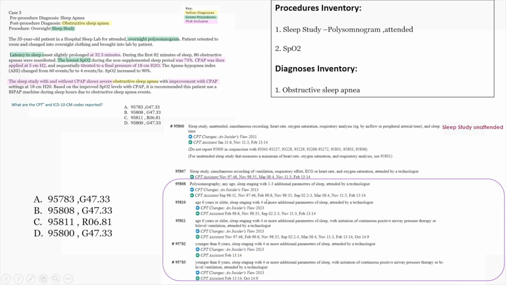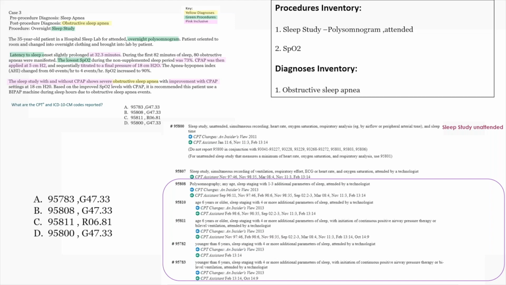And for coding this particular section for sleep studies, the codes are classified mainly based on the parameters measured during the sleep. As I said, they will be measuring a number of parameters like oxygen level and heart rate.